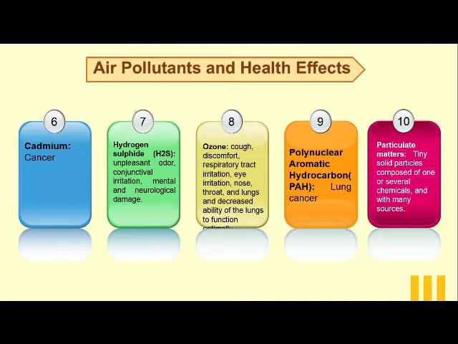The size and composition tend to divide these particulate matters into two main groups: the coarse particles, which are larger than 2.5 micrometer in aerodynamic diameter, and the fine particulate matter, or the fine particles, which are smaller than 2.5 micrometer in aerodynamic diameter.